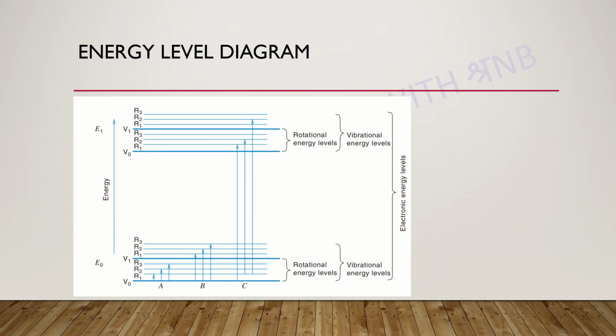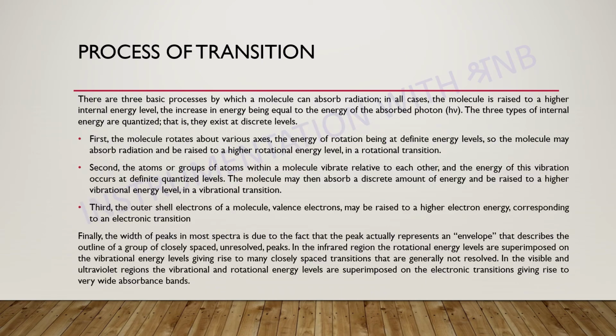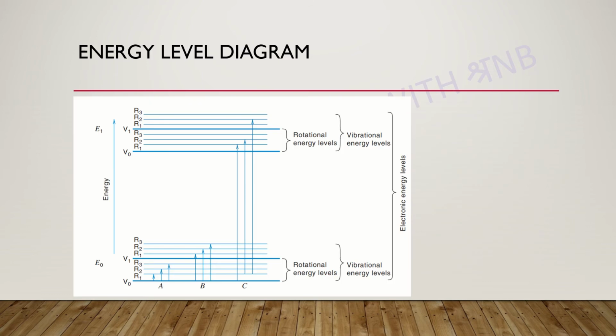Process of transition. There are three basic processes by which a molecule can absorb radiation. In all these cases, the molecules are raised to a higher internal energy level, the increase in energy being equal to the energy of the absorbed photon. The three types of internal energy are rotational energy levels, vibrational energy levels, and electronic energy levels.